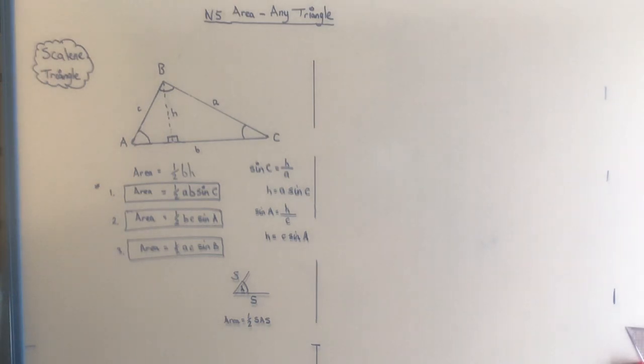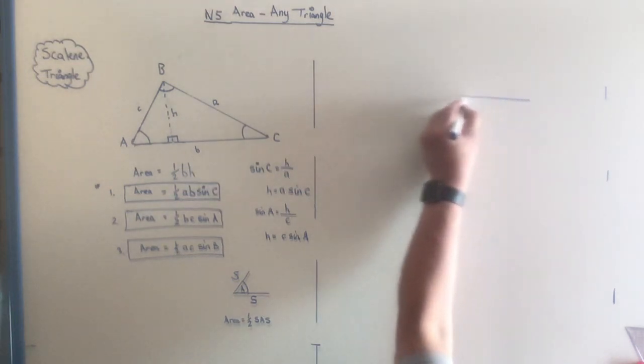There's ones that are a wee bit harder, but I don't really want to go to that level. Here's another one similar to what we just did. So let's draw the triangle.